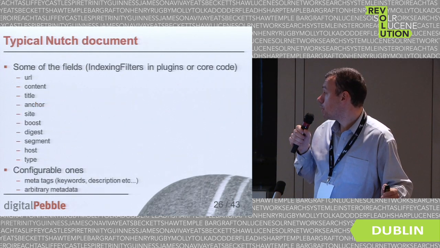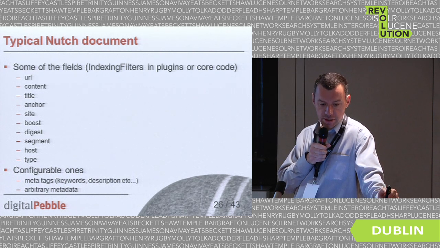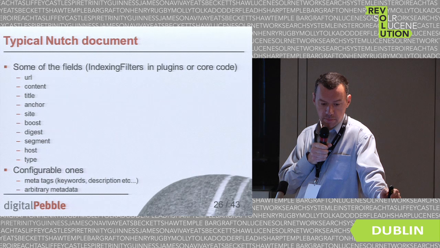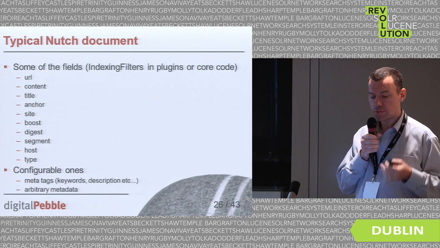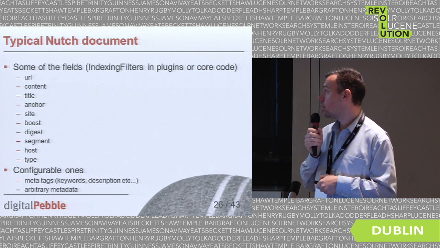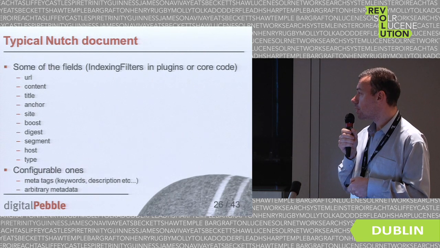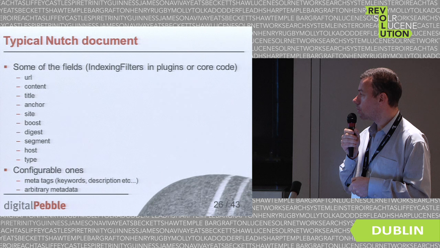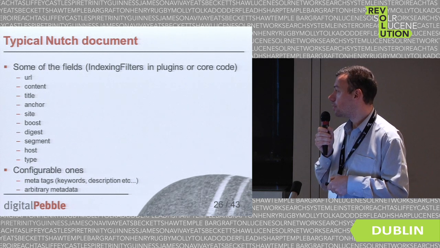When you crawl and then index to SOLR or Elasticsearch, as I mentioned, you have a field-based representation of a document, and typically the fields are things like this. You have obviously the URL, the text content, the title, the anchors coming from the web graph I mentioned earlier, and various other things.